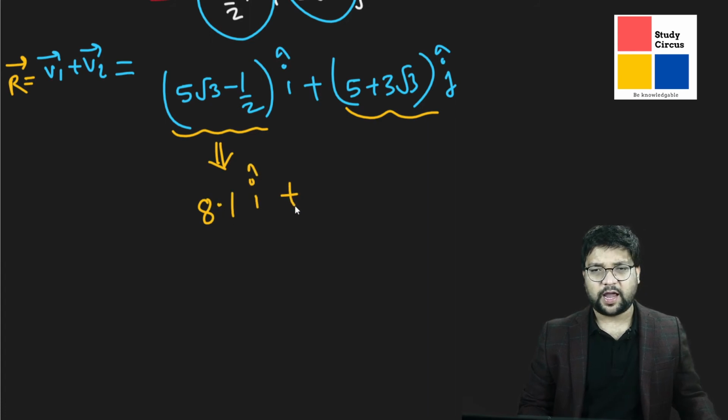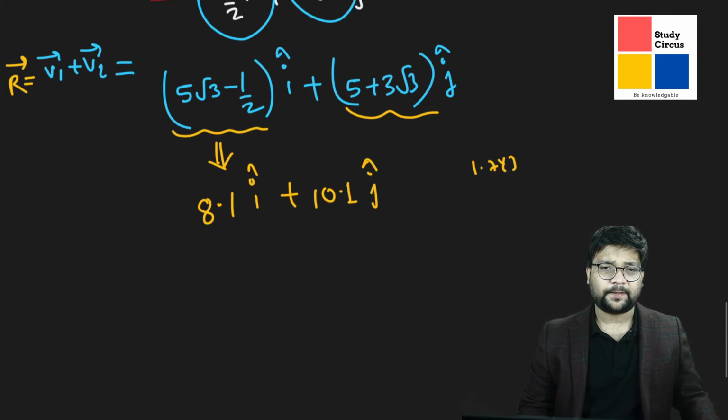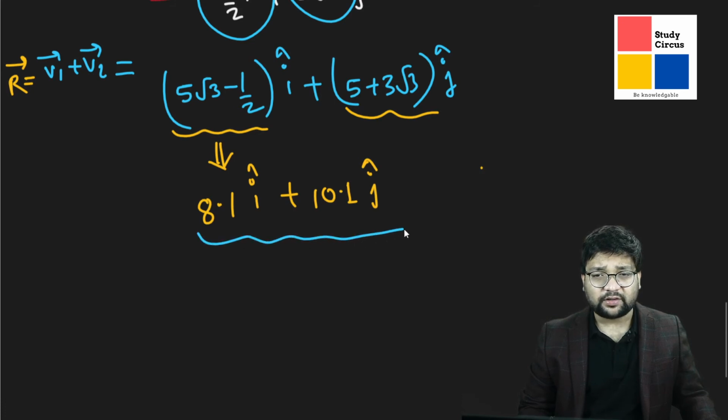Plus 3 root 3, so root 3 is 1.7, let's say 3 times that, 5.1, so this is around 10.1 j cap. So this is the resultant vector.